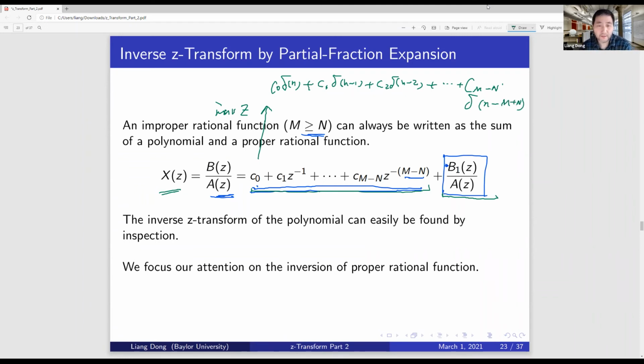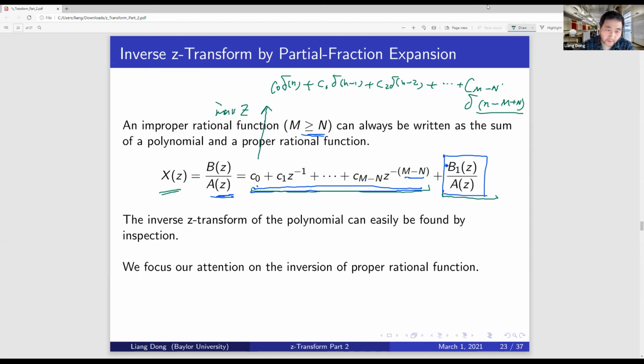That's it, and the inverse transform of this is very simple. If it's a constant 1, it becomes delta[n]. z to the power negative 1, by the shifting property, is just one delay. So you have delta[n], then one delay is delta[n-1], and so on and so forth. You have delta[n-2] all the way to delta[n-(m-n)]. So this is the inverse transform of this polynomial.